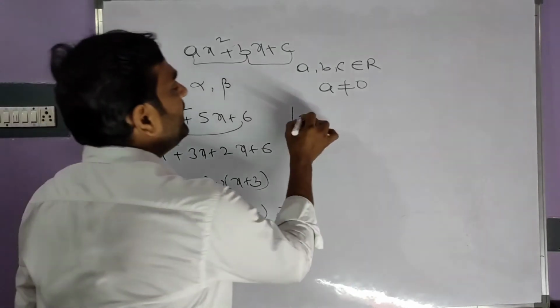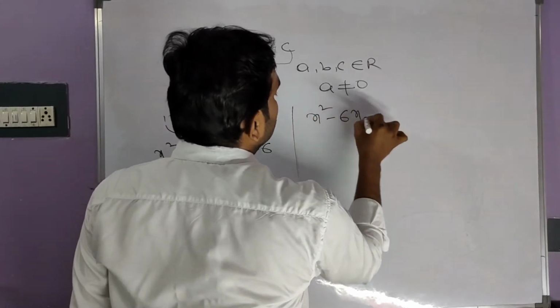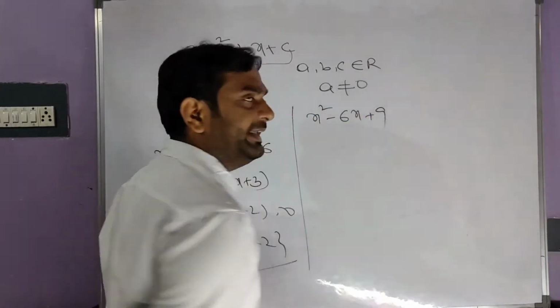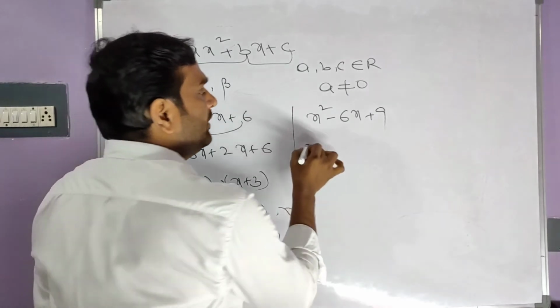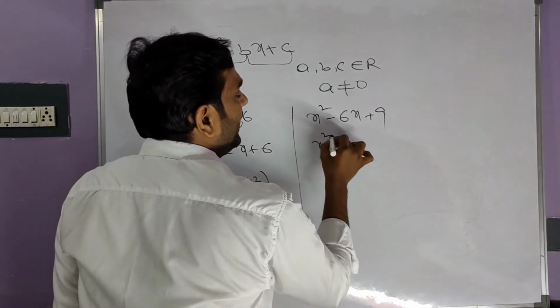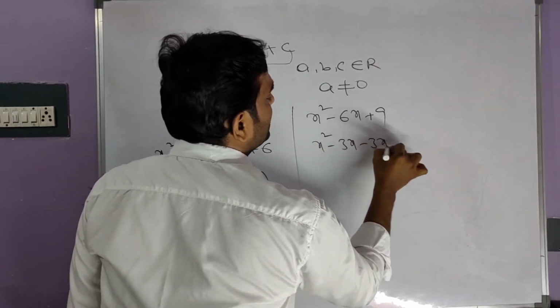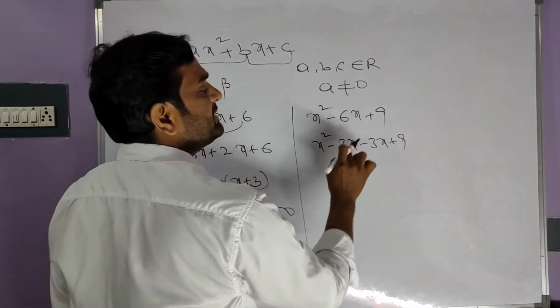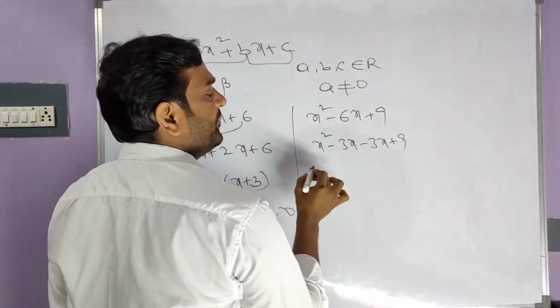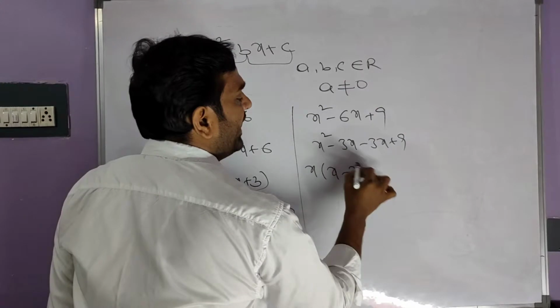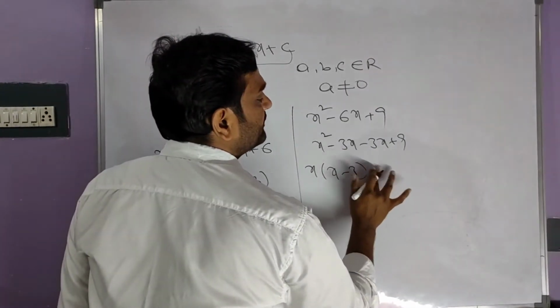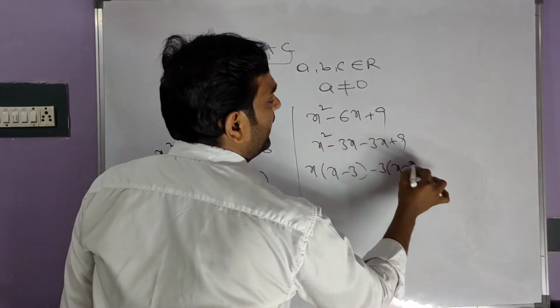If you are given x square minus 6x plus 9, this is nothing but x square minus 3x minus 3x plus 9. Minus 3 minus 3 is minus 6, and minus into minus is plus, 3 threes are 9. Take x common, x minus 3. Take minus 3 common, x minus 3.